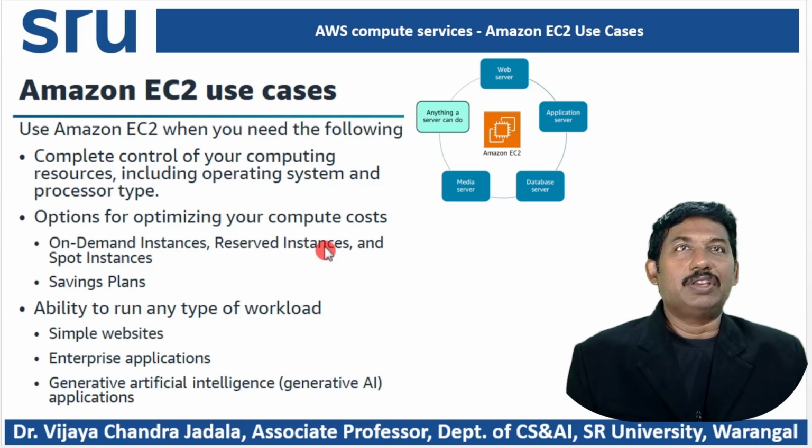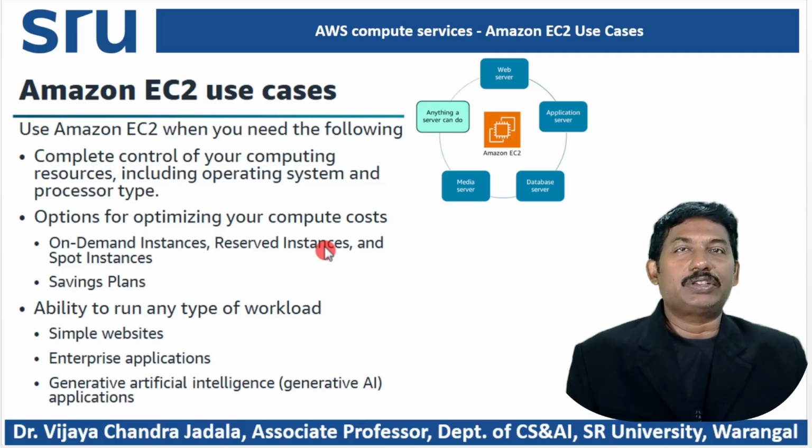EC2 instance major use cases are related to the application server, database server, host server. Then you can apply this to any server which is required, but majorly it is connected with the web server, application server, database server, media server and other different servers, where all these servers can be accumulated in one EC2 instance.